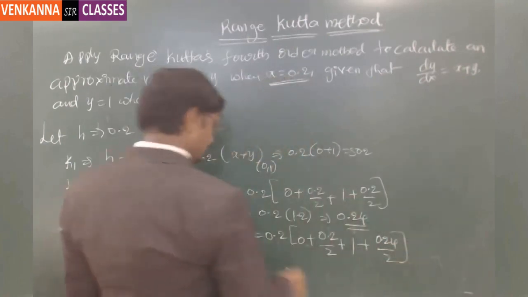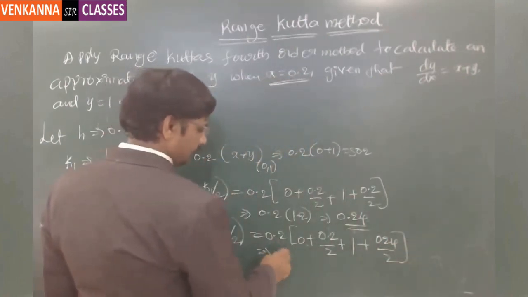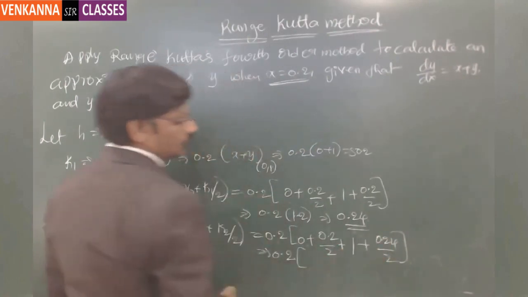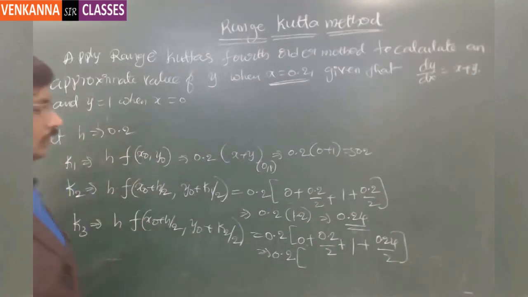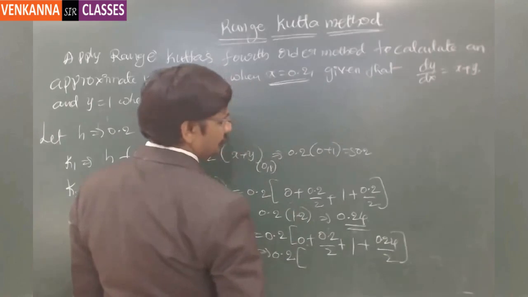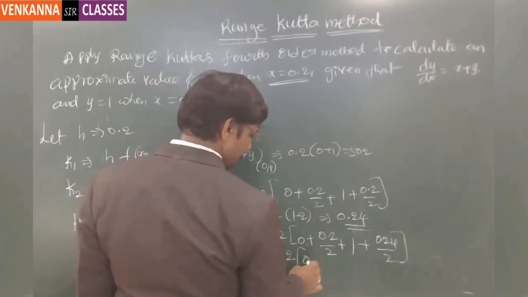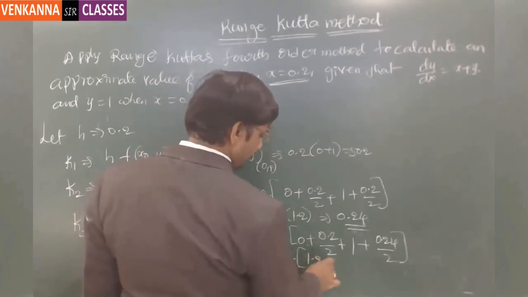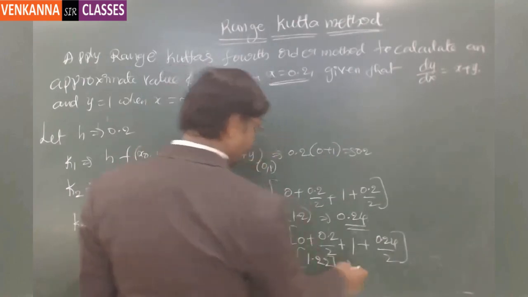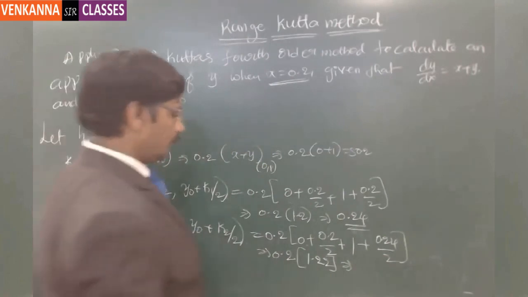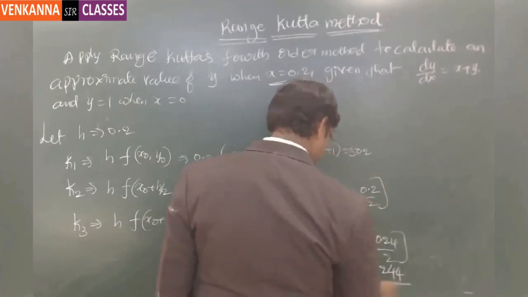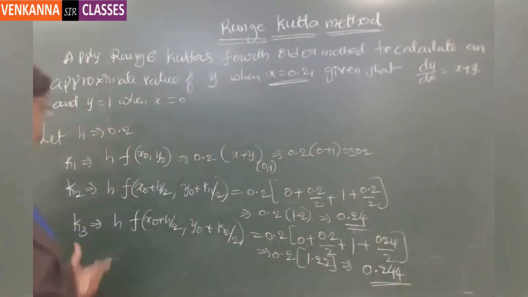So this value is coming out to be 0.2 times of 0.1 plus 1.12, so 1.22. So 0.2 times 1.22 is 0.244. So this is the value of K3.